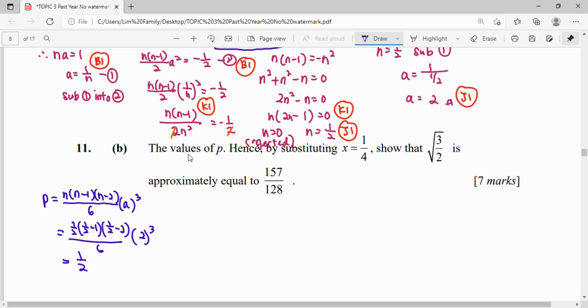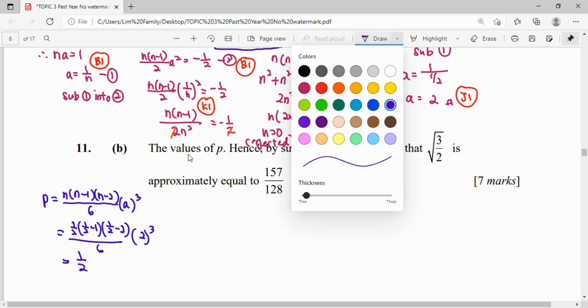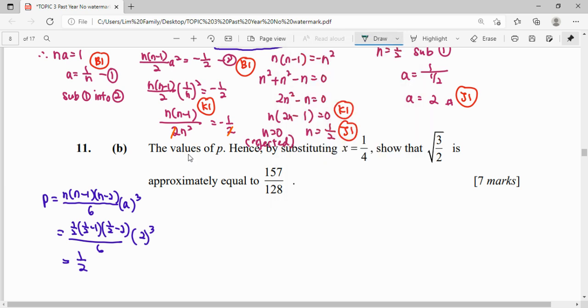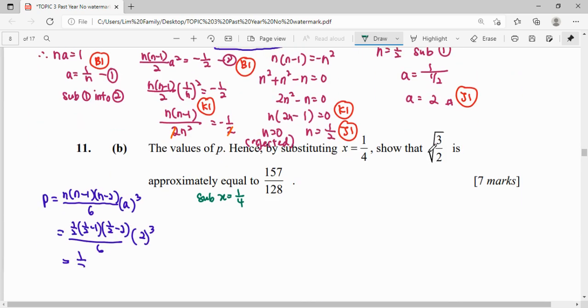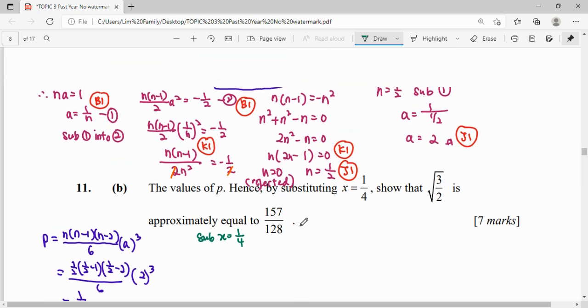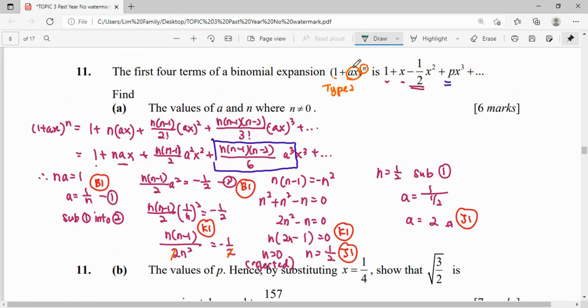After finding our p value, we are going to follow the question here. We are going to substitute x equals to 1 over 4 into our expansion, in order to show that the square root of 3 over 2 can be approximated to 157 over 128. So when x equals to 1 over 4, we start to substitute here.